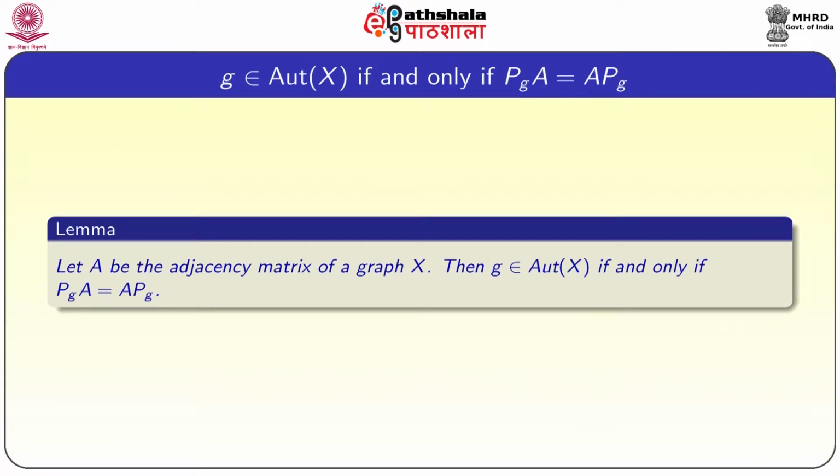This is one of the important results. G belongs to Aut(X) if and only if its permutation matrix Pg commutes with the adjacency matrix of the graph X. So, the lemma statement is, let A be the adjacency matrix of a graph X, then G belongs to Aut(X) if and only if Pg A equals A Pg.